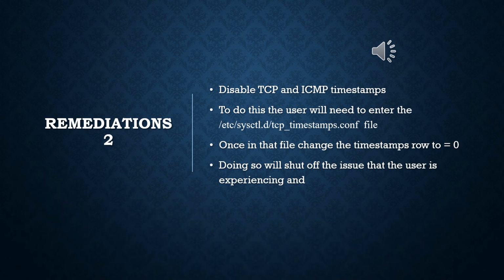For the next vulnerability that was found, this one was a lower scale vulnerability, and on the scale that was used it is probably a 0 to 3.9 in ranking. And for this one, this was the RFC 1323, which the host implements. You're going to want to have the user disable TCP and ICMP timestamps.